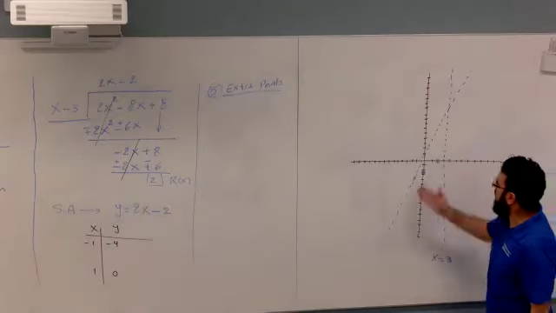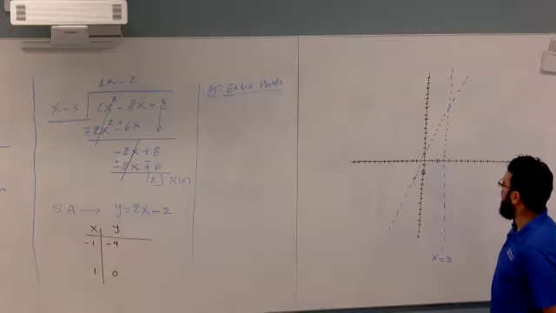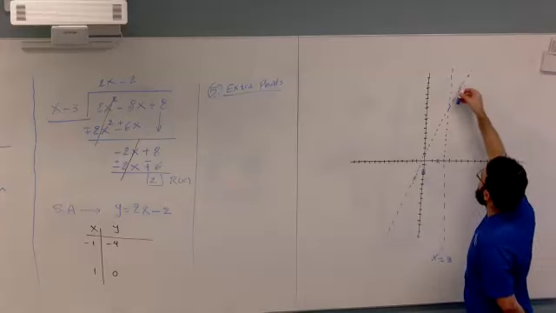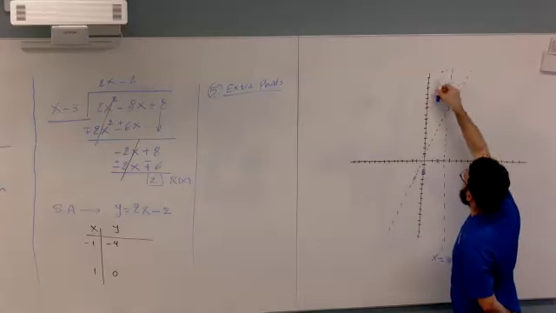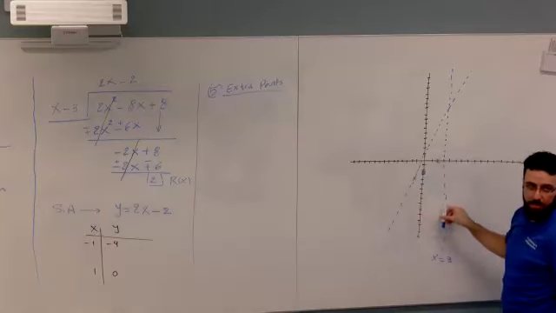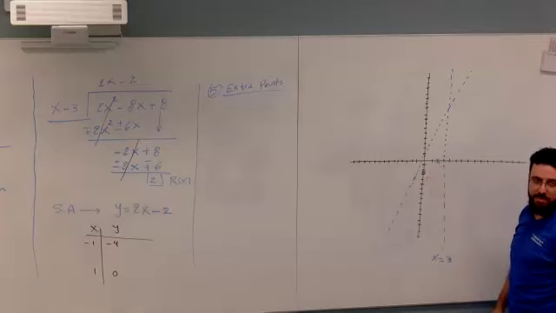Vertical asymptote, horizontal asymptote. What else do we have? Now we think the graph is going to be here, here, this part, here. Here for sure. Why? Because we have 2 points.